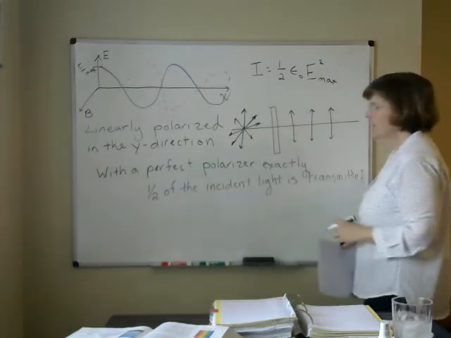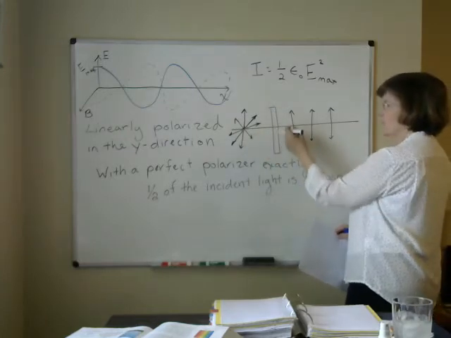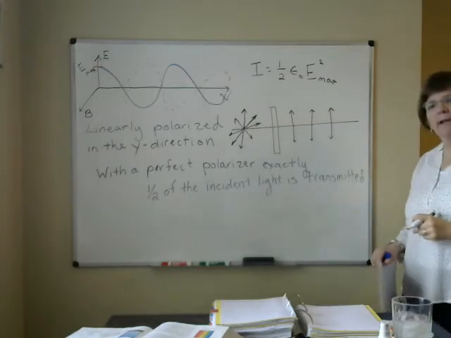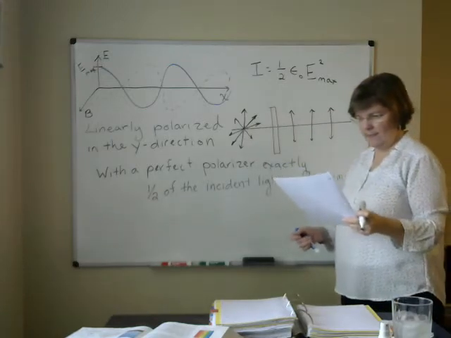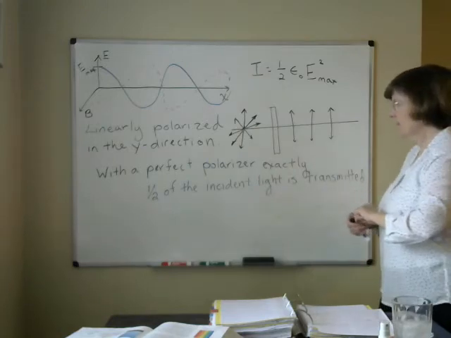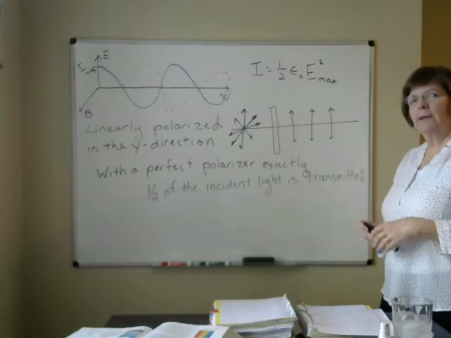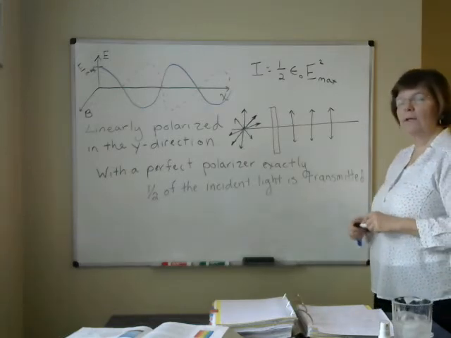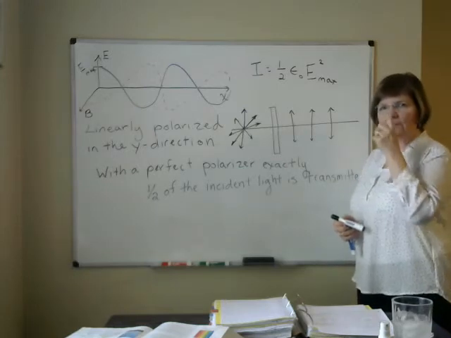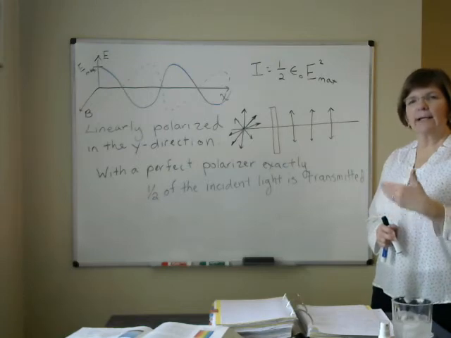So if I have unpolarized light like this, and it goes through a polarizing film, exactly 1/2 of the light will actually be transmitted through that filter. That's one of the ways polarized sunglasses work. We'll talk a little bit more about this. One of the ways is simply by putting in a polarizing film. You're going to cut the intensity of the light that reaches your eye in exactly 1/2.